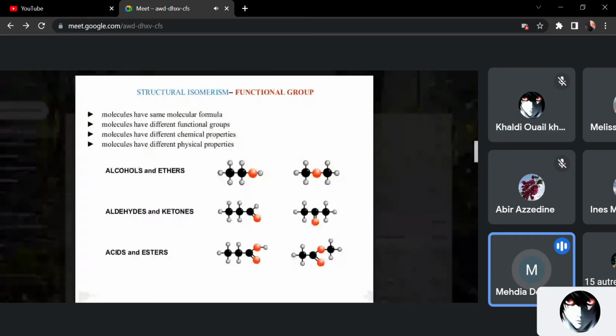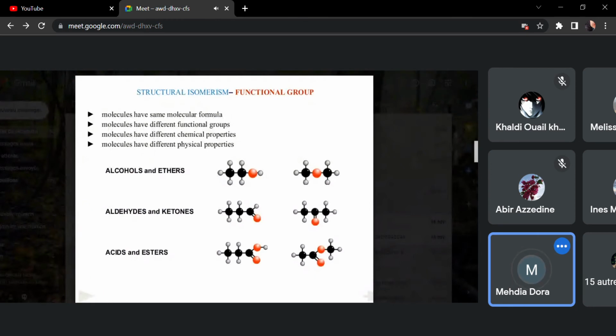Here, the oxygen in the alcohol is at the end, but in ethers it is in the middle, like you see here. So this difference of position means we have changed the functional group, and when it changes, everything is going to change: the properties, chemical and physical, okay? The same thing for acids and esters. Everything is going to change.